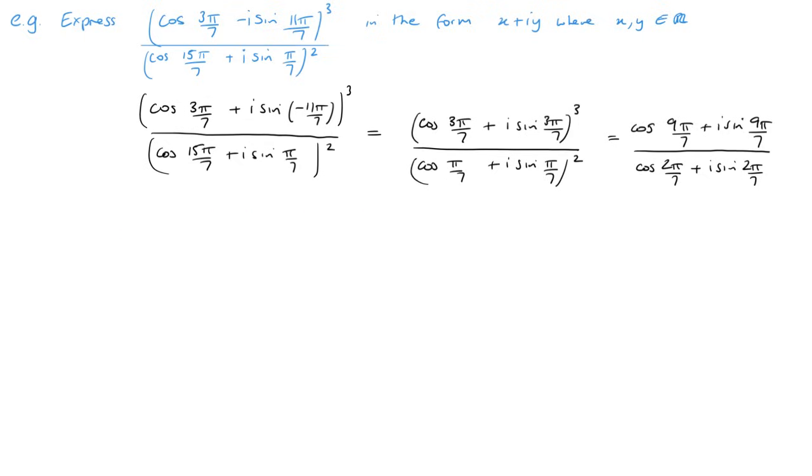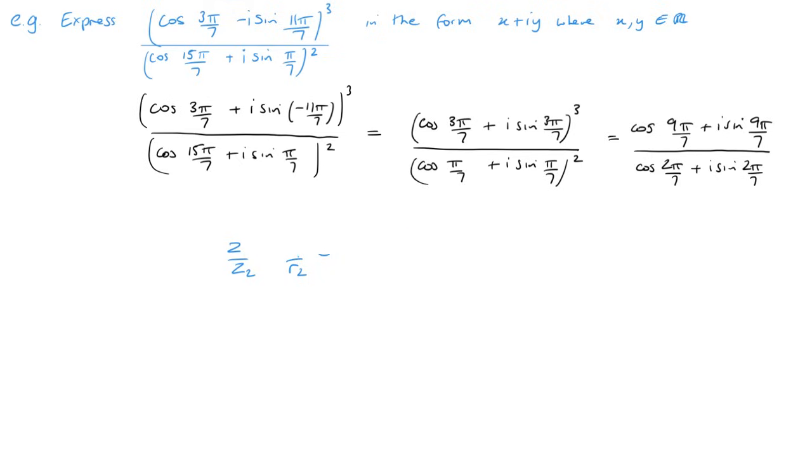Now, from the last video, we had Z1 over Z2 is R1 over R2 e to the I theta 1 minus theta 2, isn't it? So I can convert these into exponential form, then use this and then convert them back.